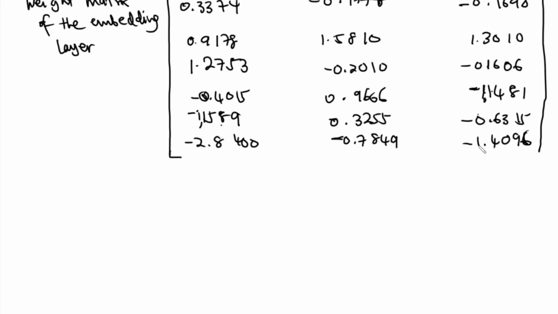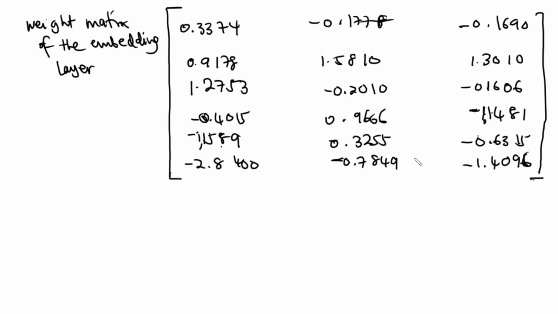So imagine our input, the input that we had. This is our weight matrix of the embedding layer, and we want to convert these token IDs. The token IDs that we want to embed are these: 2, 3, 5, 1. We want to convert them into their 3-dimensional representations. So we'll look at 2.